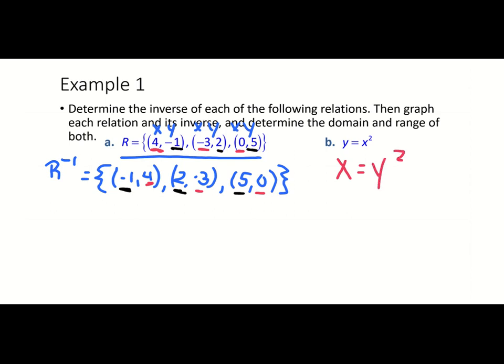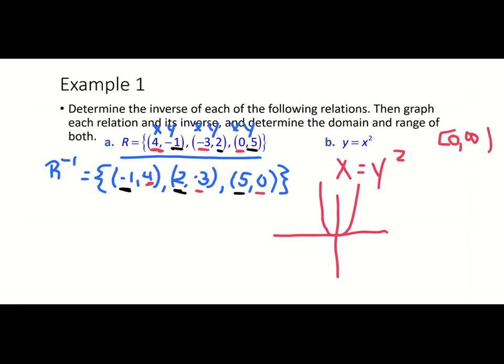We switched our x and our y, and that is going to be our inverse. The domain for the first one, as we know, it's a parabola, so your domain would be all real numbers. But your range, because remember, if it's x squared, your parabola would start at 0. So our range would be 0 to positive infinity.